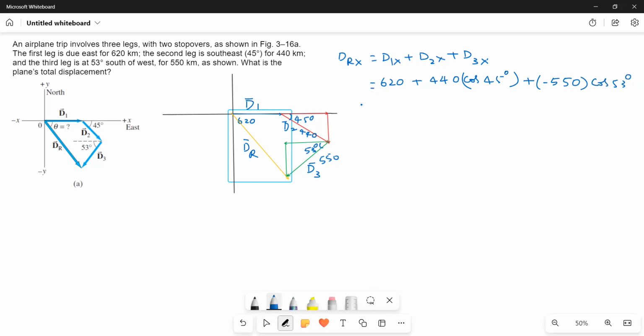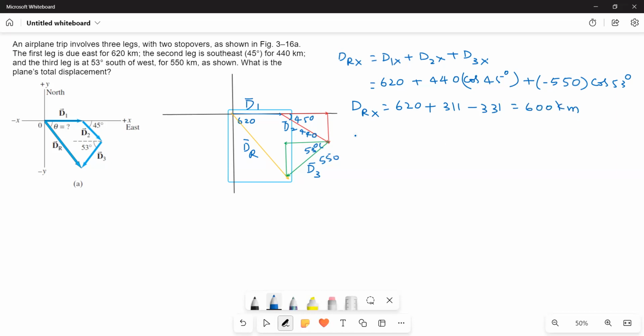Therefore, drx is equal to 620 plus, what is the value of this one? 311. And then negative 331. So that gives a value of 600 kilometers.